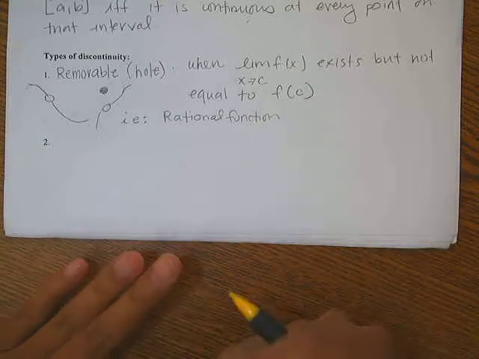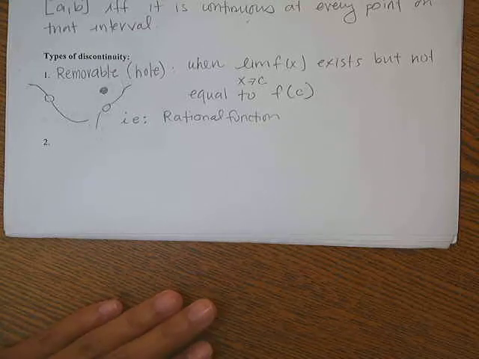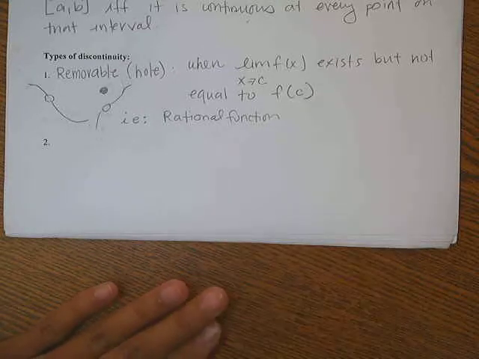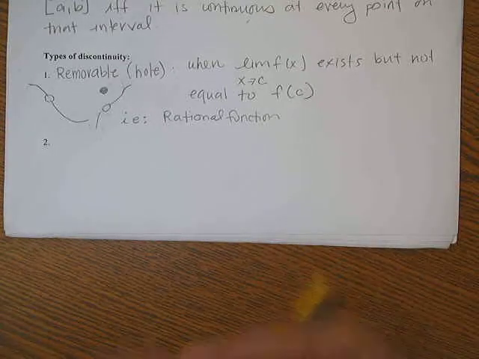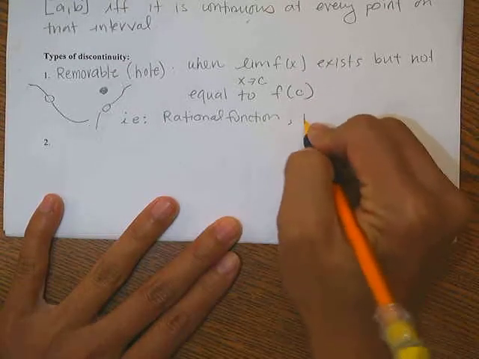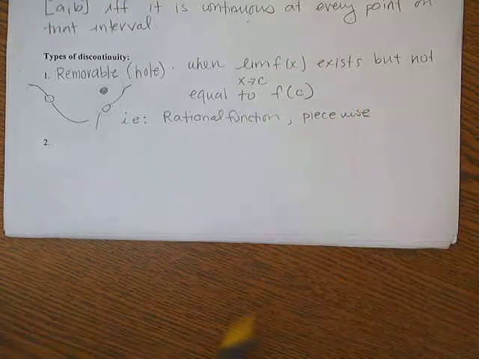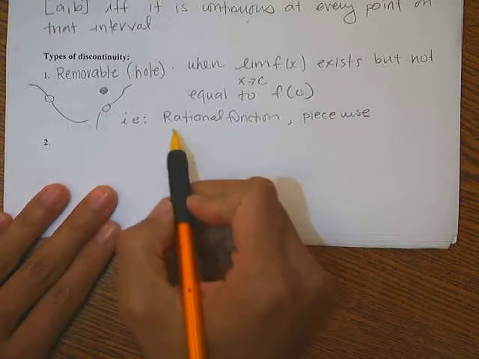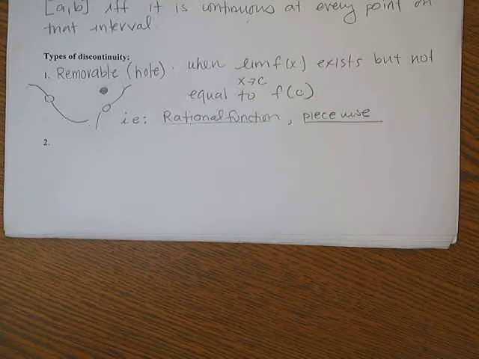Remember how in first semester, if we cancel the top and the bottom, that would create a hole, which is a removable discontinuity. And sometimes piecewise functions. These are the two types, and it's really important to recognize these. So when I give you a function, you want to think, is this removable or is it not?